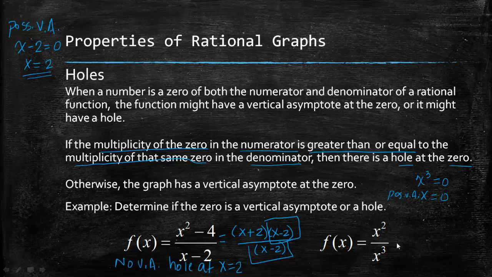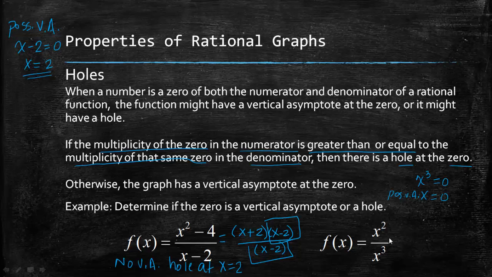That means that I need to determine, what do we do? We look for the multiplicity in the numerator and the denominator. In this case, this 0 repeats itself twice in the numerator, and that same 0 repeats itself 3 times in the denominator.